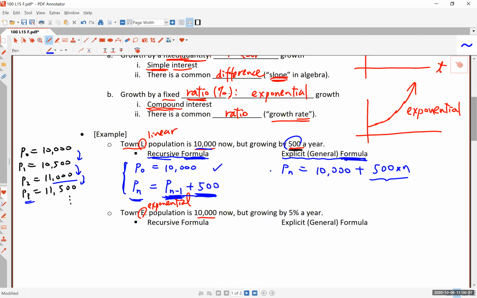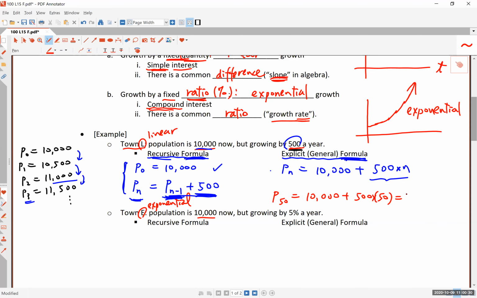All right, so for instance, if you want to calculate, maybe I'll use another color here, what happens 50 years from now? The answer is you have 500 times 50. You multiply this together because the number increases by 500 every year.